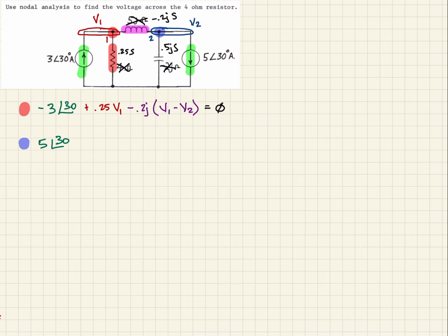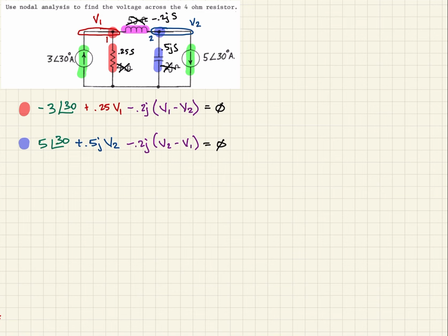Then again, we have this capacitor here, and the capacitance will just be the admittance times the voltage, so that's plus 0.5j V2. And then the purple, which we already highlighted, is the difference between those two, so that's minus 0.2j times (V2 minus V1) this time. And again, summing all these up should equal 0.